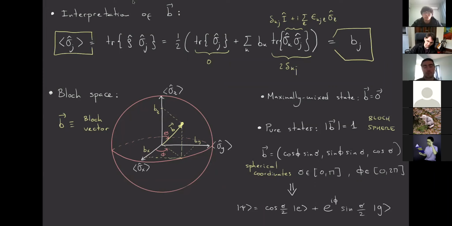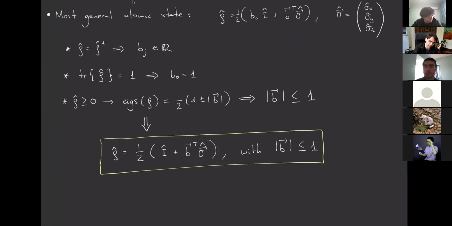Okay, then let me just give you one more definition that will be important before starting with more physical dynamics stuff, which is something that we call populations. And the populations are just something very simple.